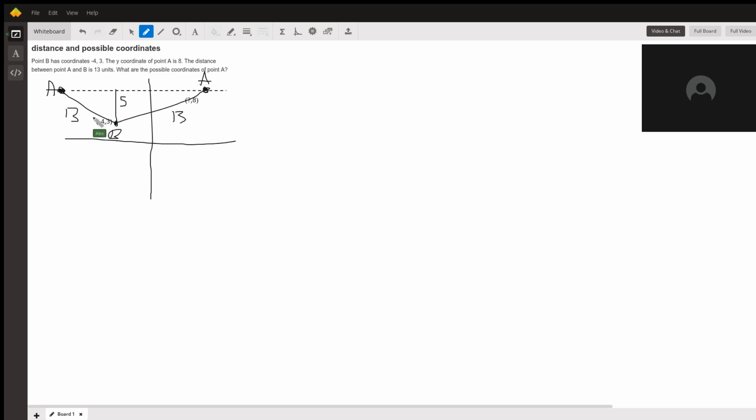This is a triangle, right? These are two triangles. And so we can use the Pythagorean theorem to solve for this side. It's one side squared plus another side squared equals the hypotenuse squared. That's the Pythagorean theorem. So we do 5 squared plus x squared equals 13 squared.